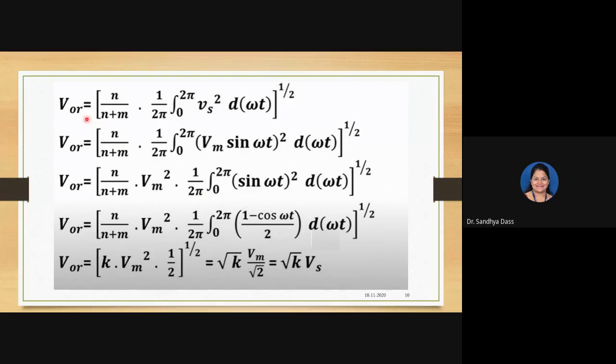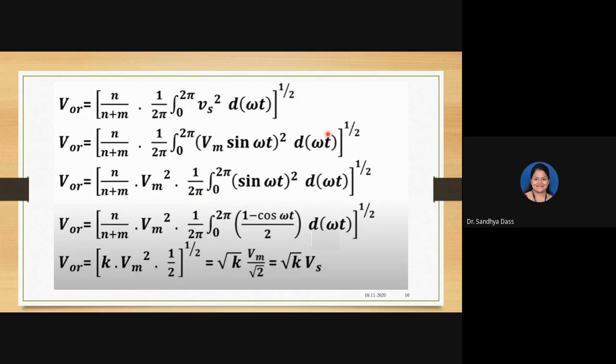Here, this is the same expression we had in the previous slide. The duty cycle into 1 by 2 pi, 0 to 2 pi. These are the limits for which we are taking one complete cycle. Small vs is our input, say a sinusoidal AC input. Vs square d omega t under the square root, right? So substituting Vs here, Vm sine omega t whole square.